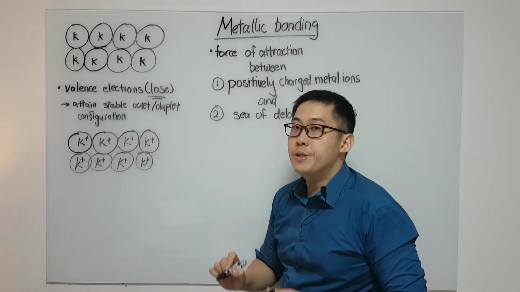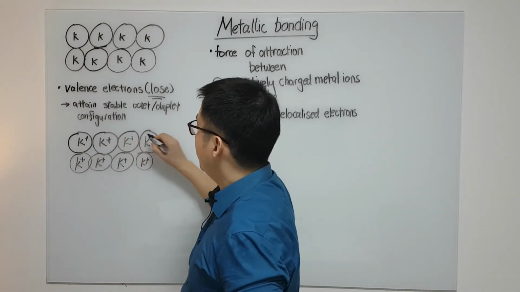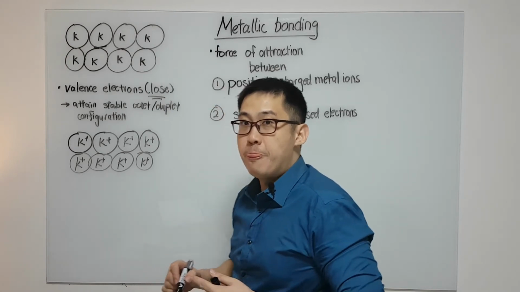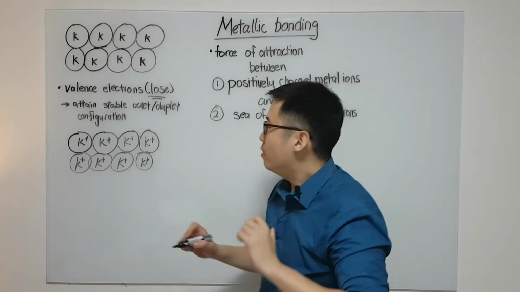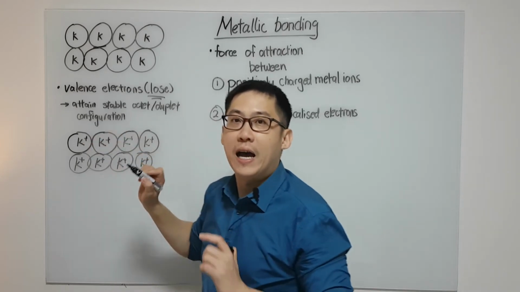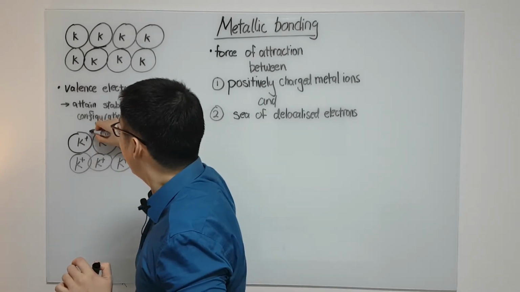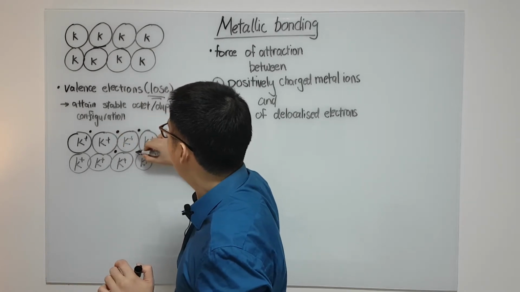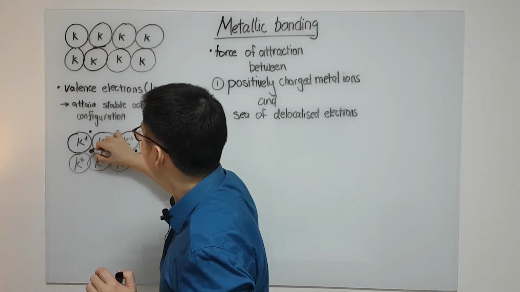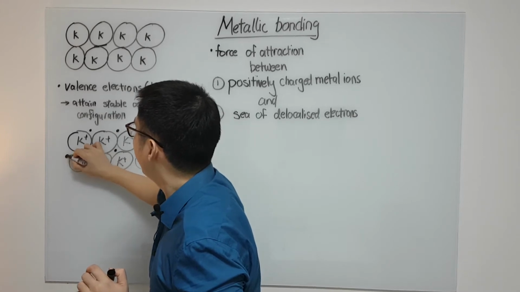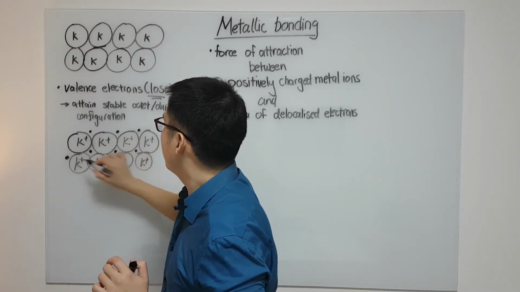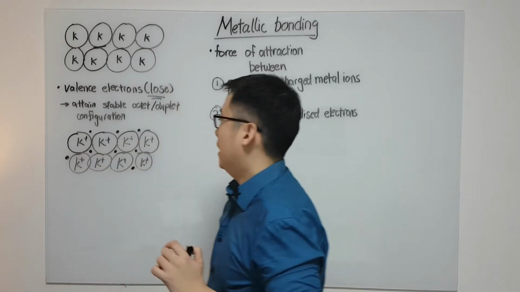There are 8 of them here, and each of them will lose 1 electron. This electron will not stay near the atom which loses it, but will be delocalized among all these metal cations. 1, 2, 3, 4, 5, 6, 7, and 8.